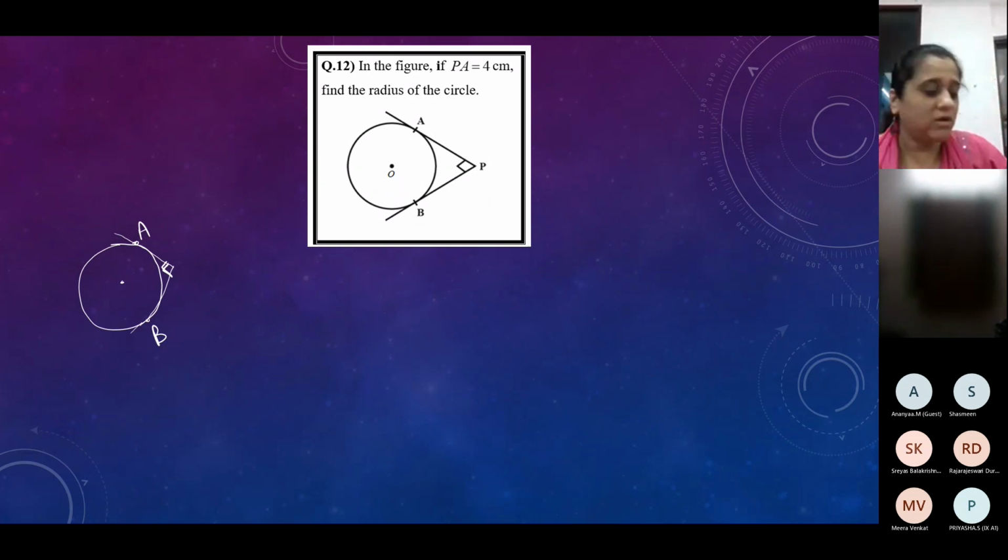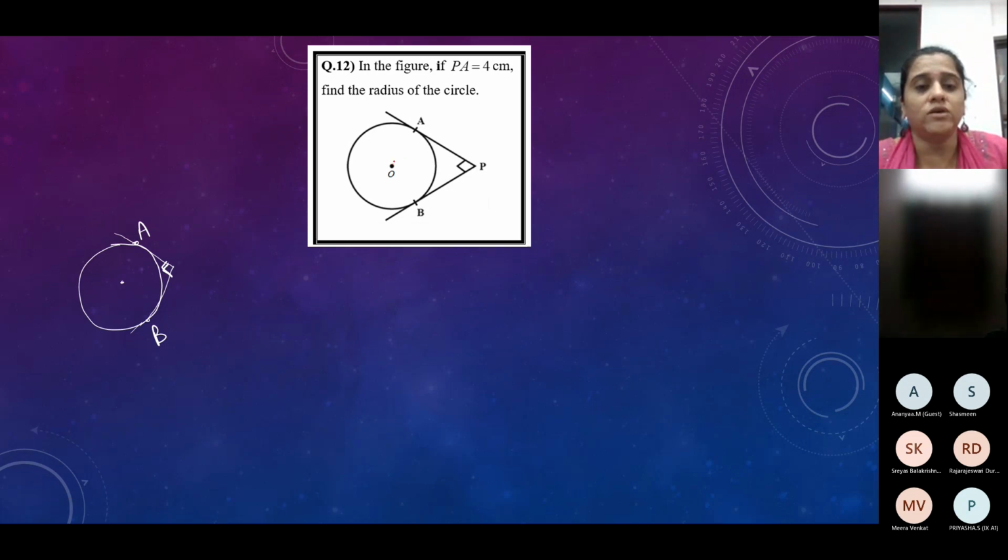So see here. Now we'll prove that this quadrilateral is a rectangle, but we don't see a quadrilateral at all. So first we'll have to join OA.